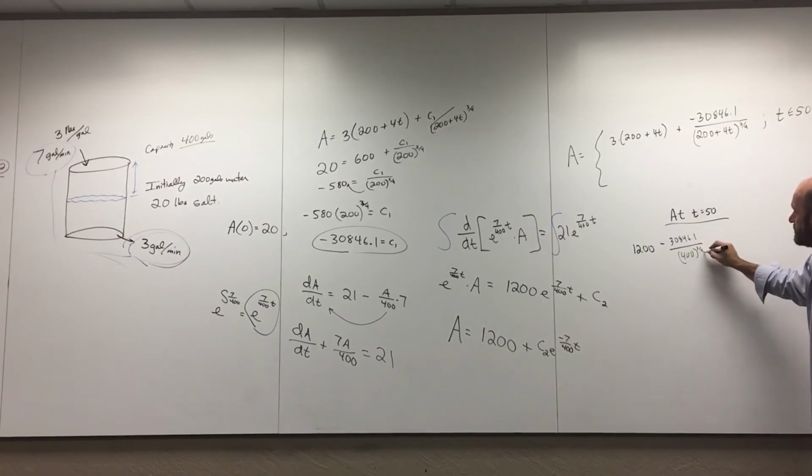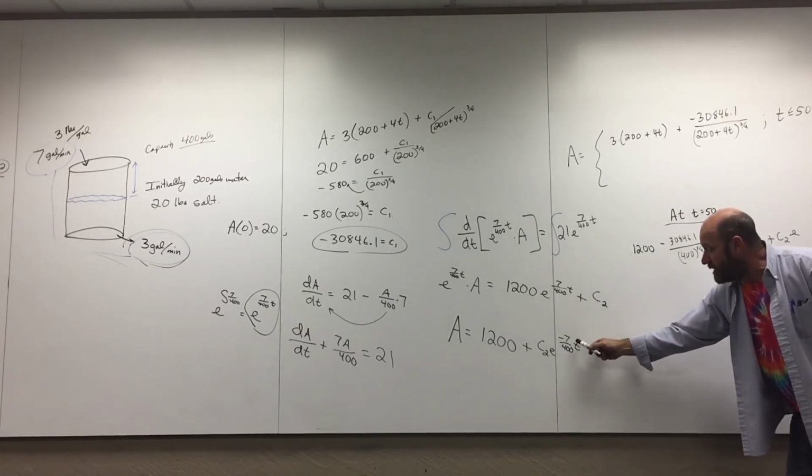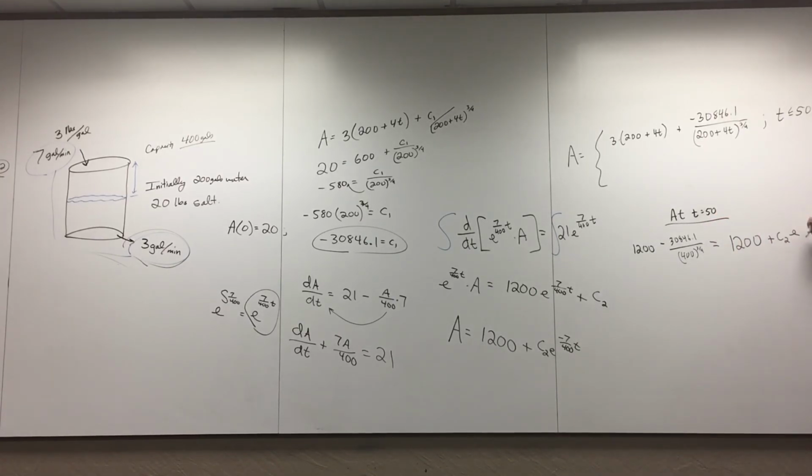We're going to decimalize this stuff in a minute. And it equals, plug in a 50 right here, 1200 plus C2 e to the, when you plug a 50 in there, it looks like a negative 7/8. 50 over 400 is 1/8.